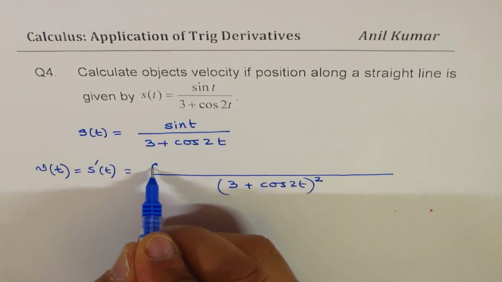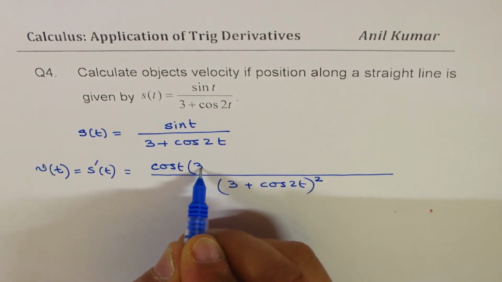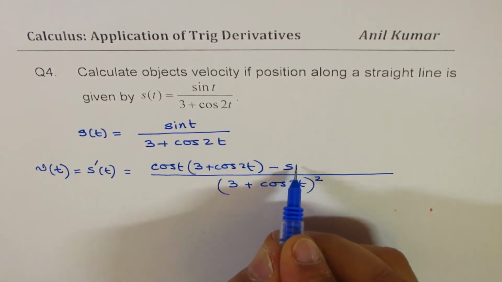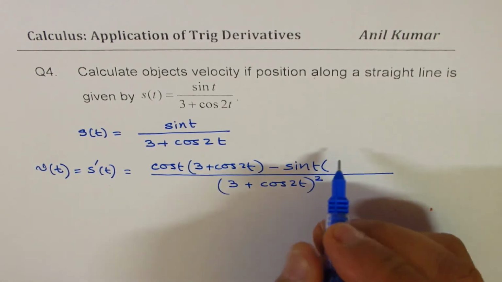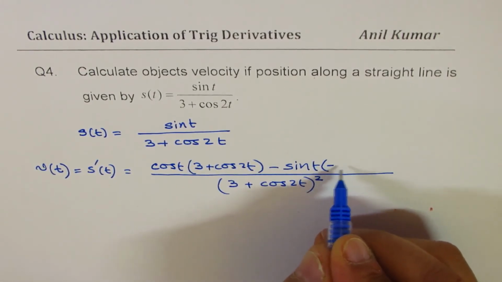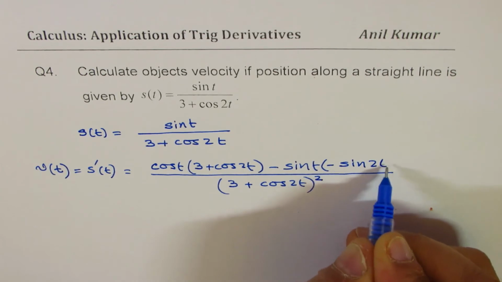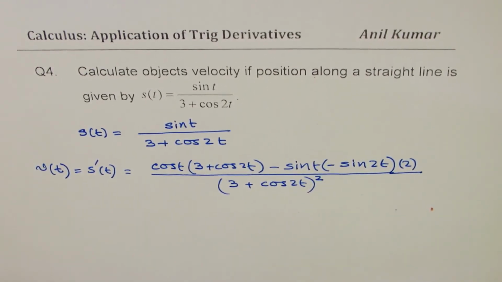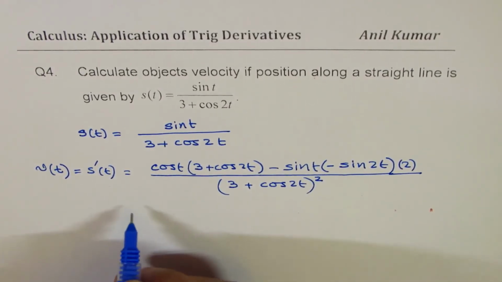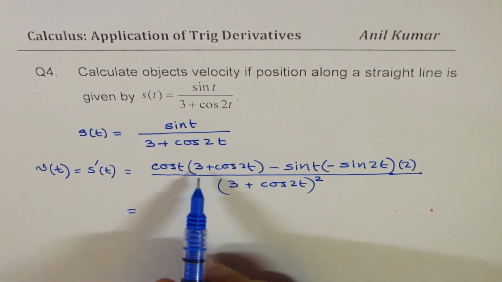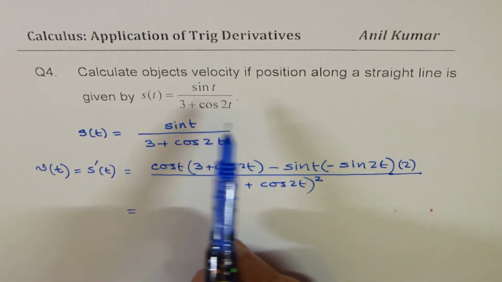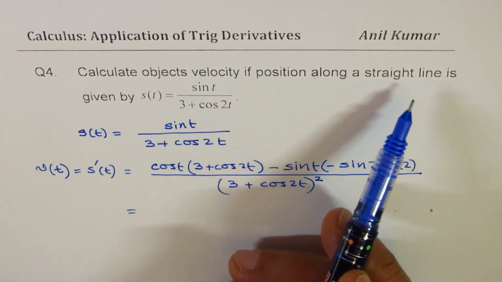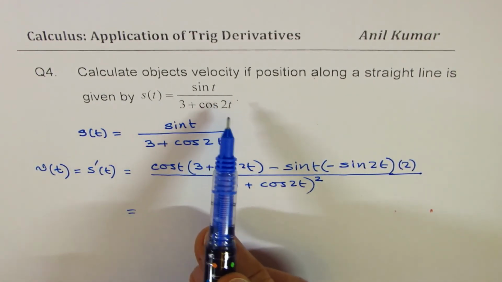Derivative of sine t is cos t, times 3 plus cos 2t, minus sine t times the derivative of this function, which is minus sine 2t times 2. So that becomes the derivative.